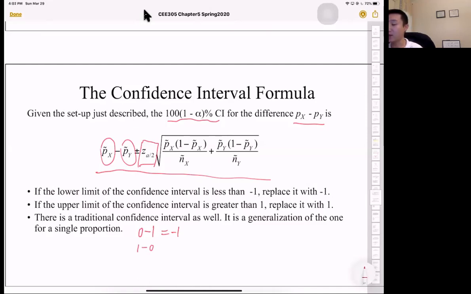A proportion should be greater than or equal to 0 and less than or equal to 1. So if we calculate a value larger than 1, we need to replace it with 1. And here it says there's a traditional confidence interval method, but we're going to use this equation, which is more accurate.